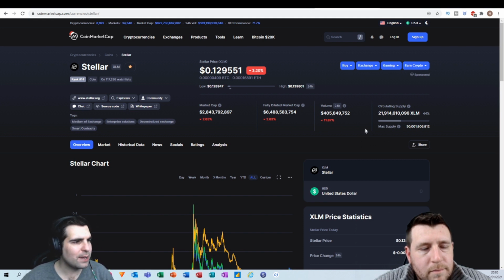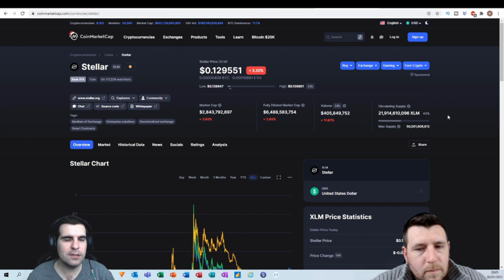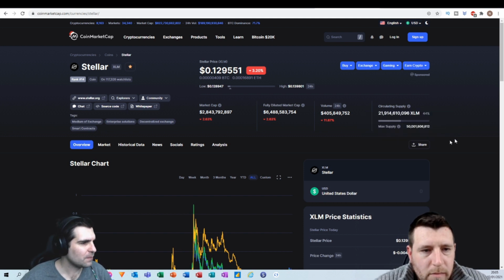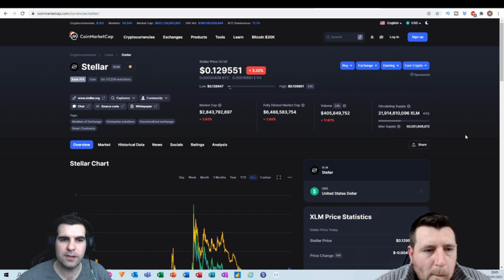The other things to point out here, it has a circulating supply of 21.9 billion XLM tokens. There is a maximum of 50 billion ever going to be created. It used to be 100, that got halved to 50. So you can see there's definitely value there. Market cap at the moment is only $2.8 billion.